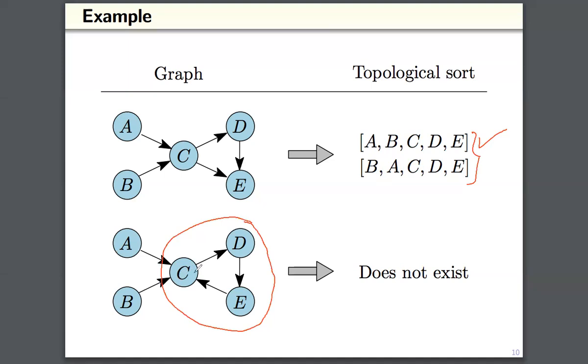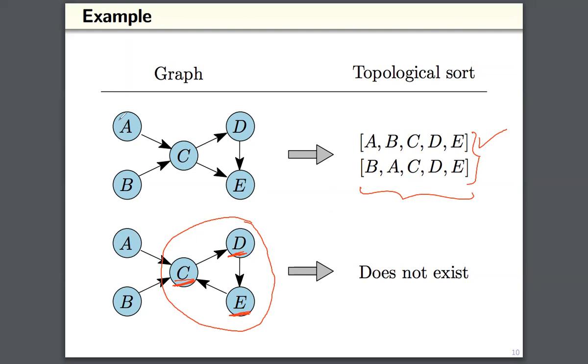In the topological sort, what's the idea? If there is a directed edge, C must come before D, D must come before E, and E must come before C. That's impossible, right? So if there is a cycle, it's impossible to have a topological sort. Okay, fine. The meaning is fine. What is the application of this?